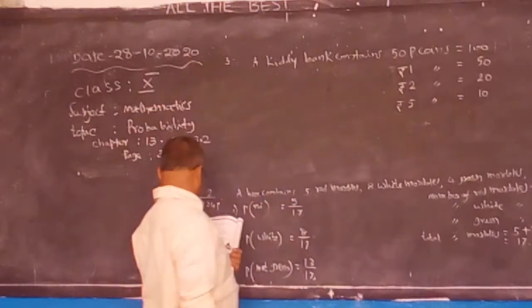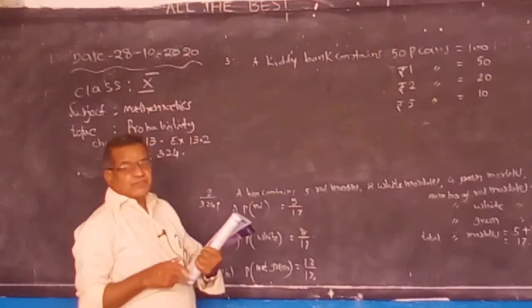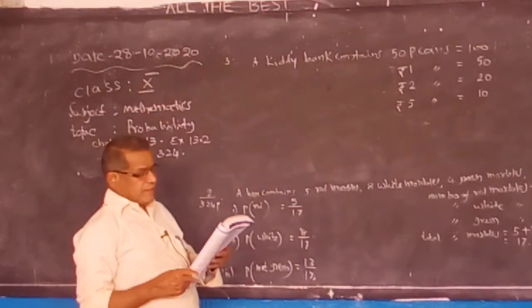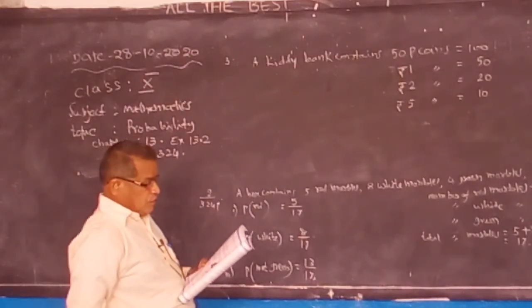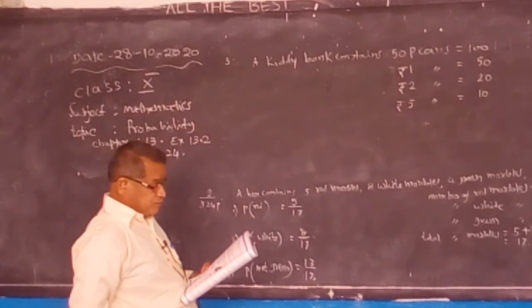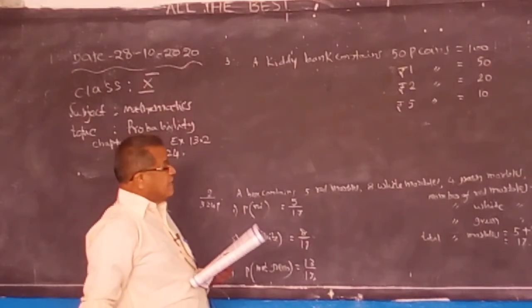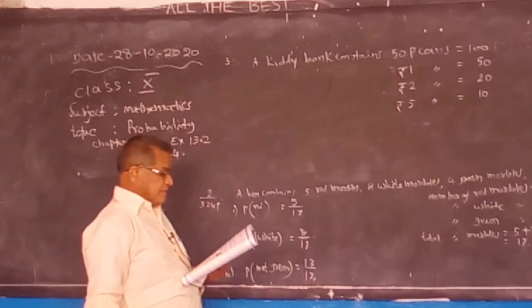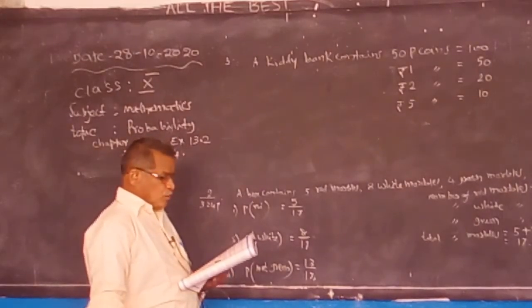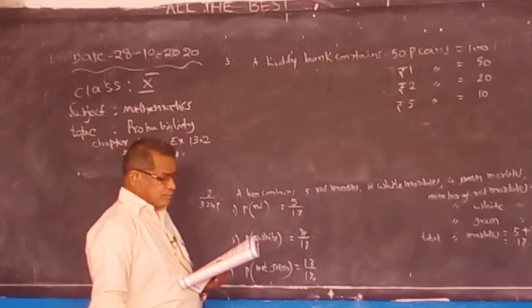See, third question. Read the question first. A kitty bank contains 150 paise coins, 50 one rupee coins, 20 two rupee coins, 10 five rupee coins. It is equally likely that one of the coins will fall out when the bank is turned upside down.